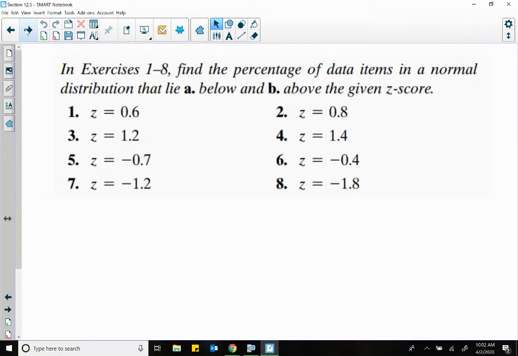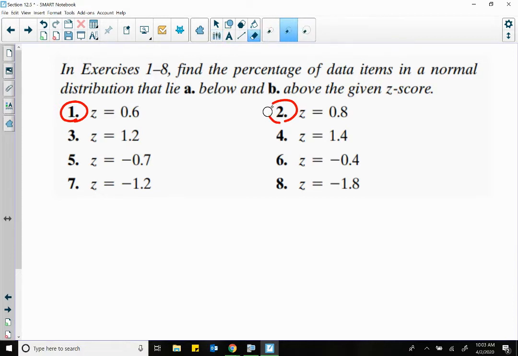Some of your problems are just going to say find the percentage of data items in a normal distribution that lie below and above. I'm going to do 2 of these and then I want you to try 2 of them on your own.